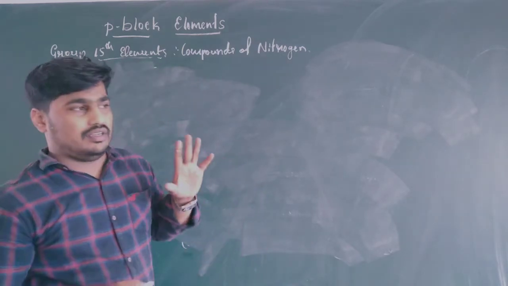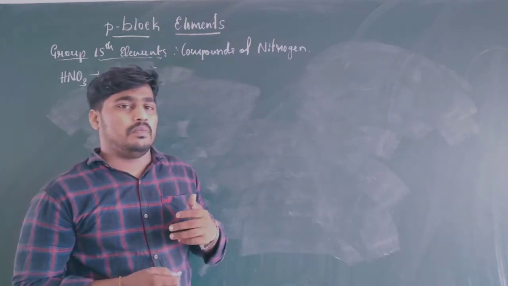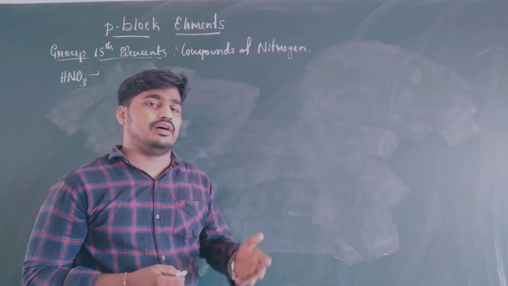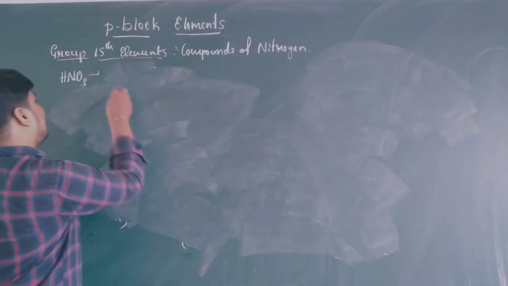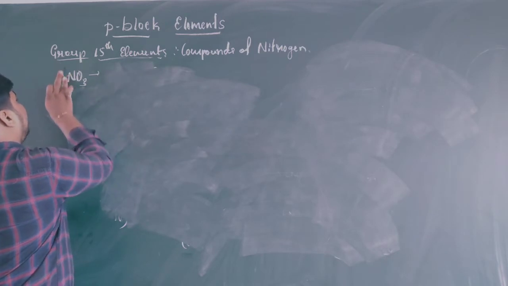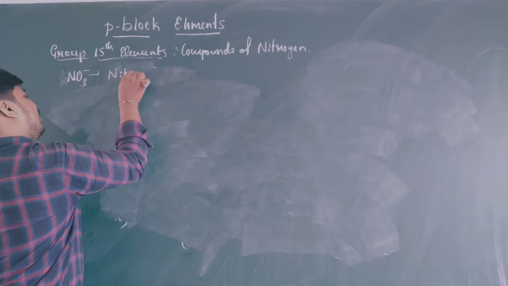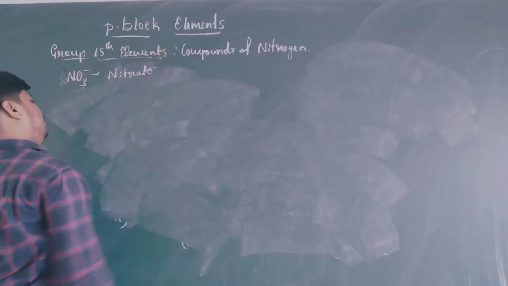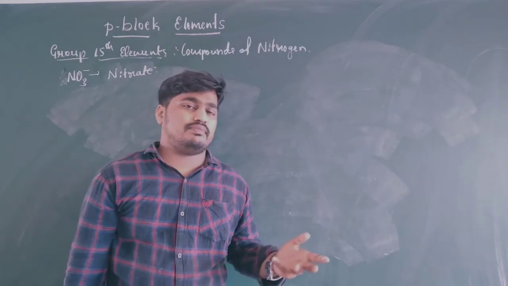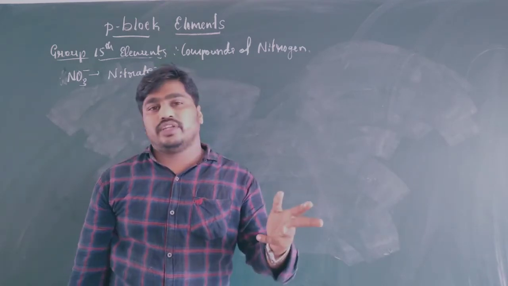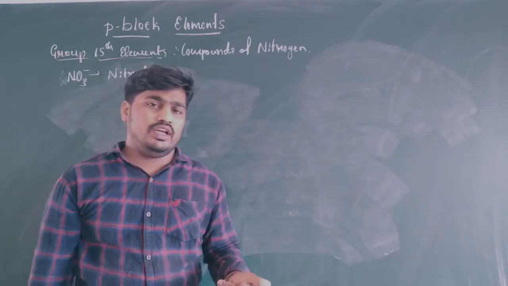Let us understand the concept involved in the brown ring test. What is the brown ring test and how is it conducted? It is for nitrate, NO3 minus. A few examples of nitrate salts: barium nitrate, strontium nitrate, potassium nitrate, ammonium nitrate, sodium nitrate.